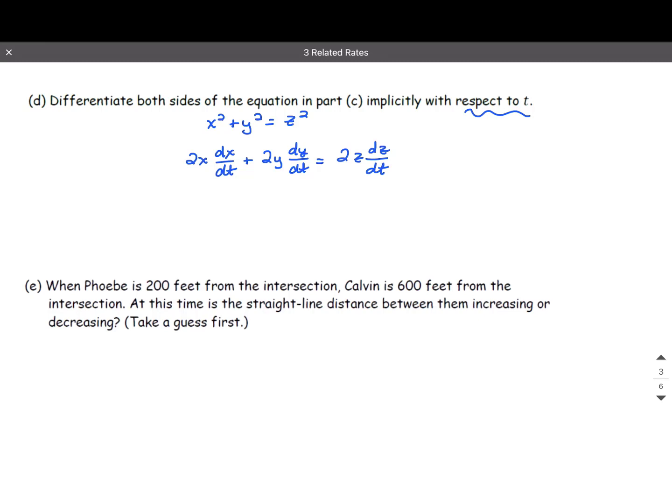Now something that might help us, if you notice there's a 2 in each term, we can divide out those 2's. And now we just have x dx/dt plus y dy/dt equals z dz/dt.